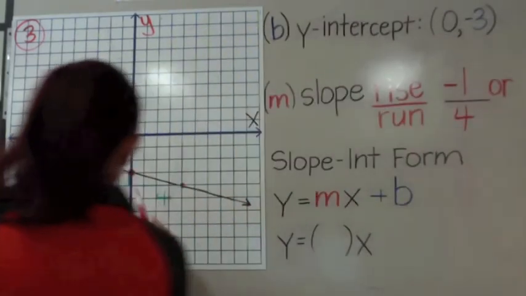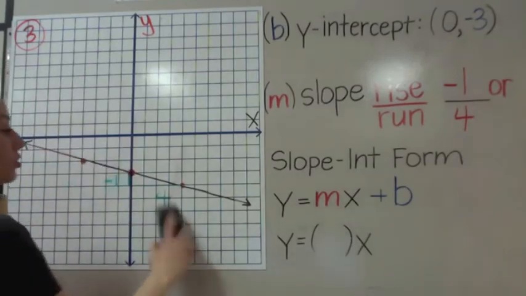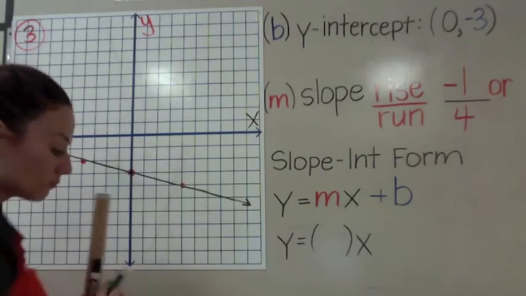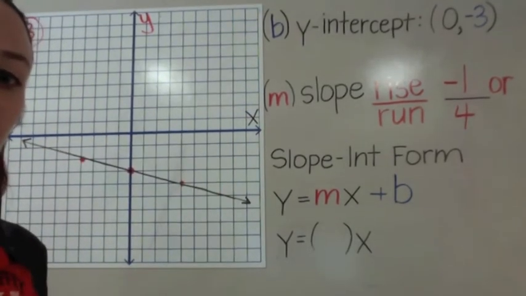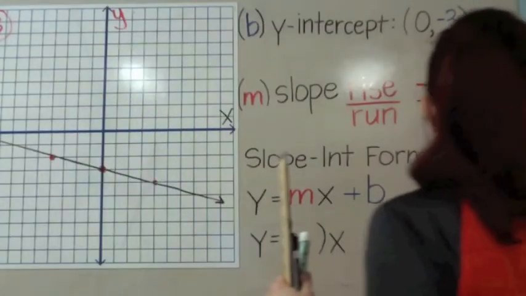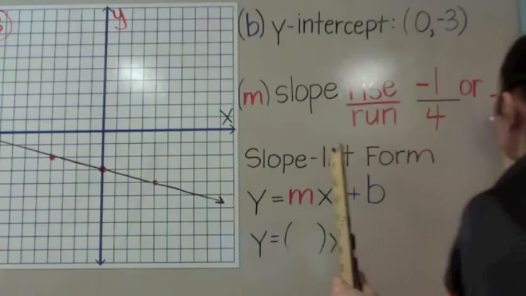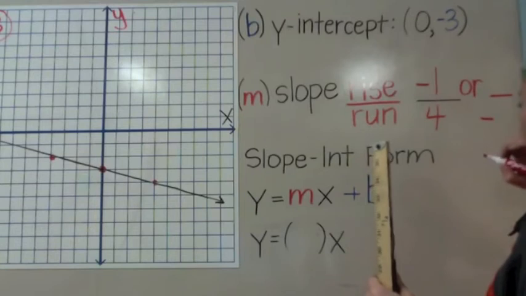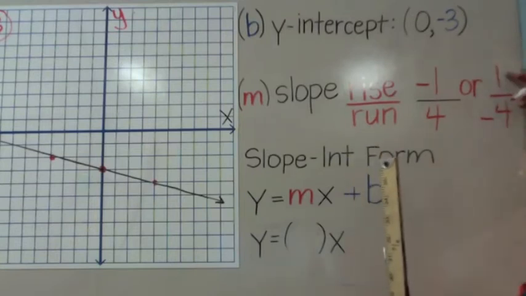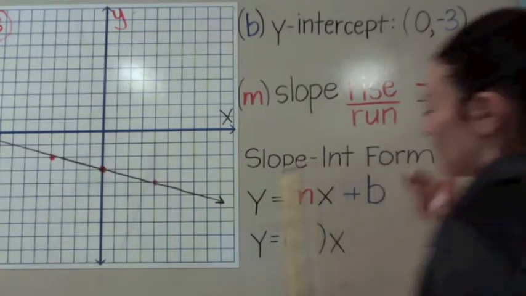Can you go in the reverse direction? You sure could, right? Now you'll notice when I write the slope, I'm just going to take the negative and put it down, and I'm just going to rewrite it. 1, rise up 1 and go to the left 4.